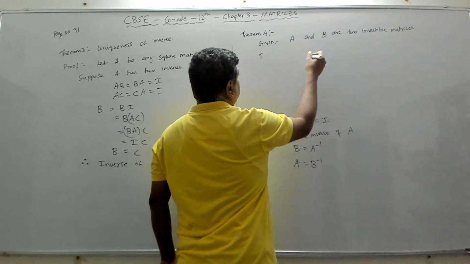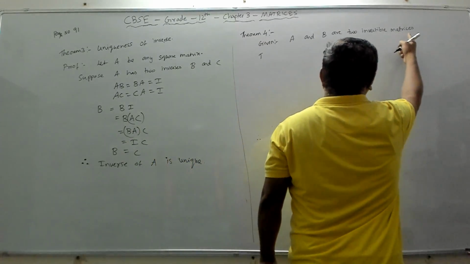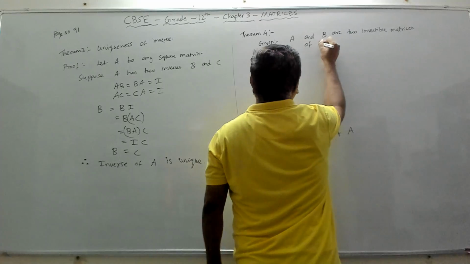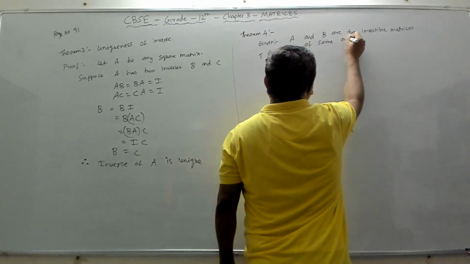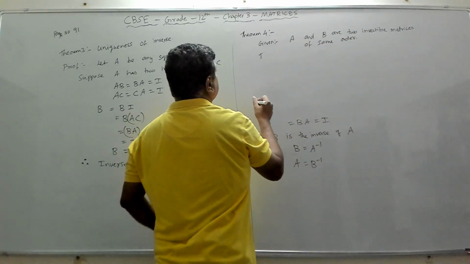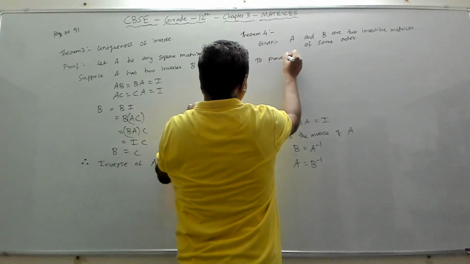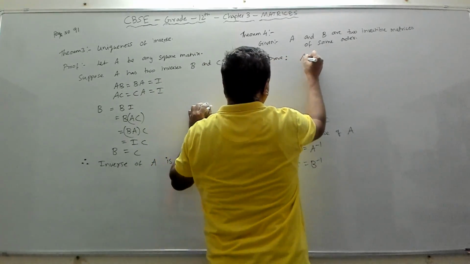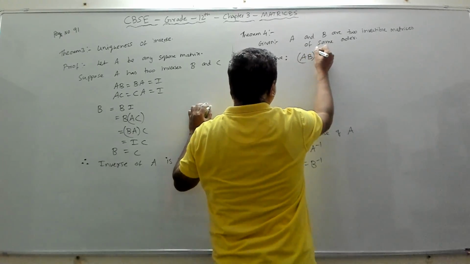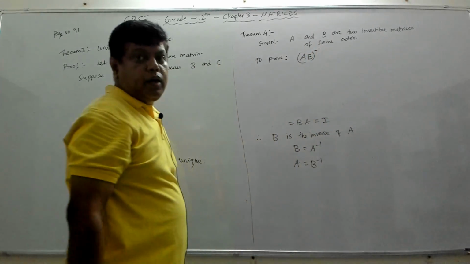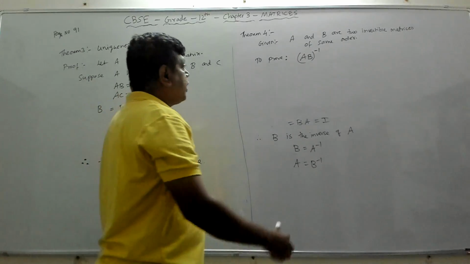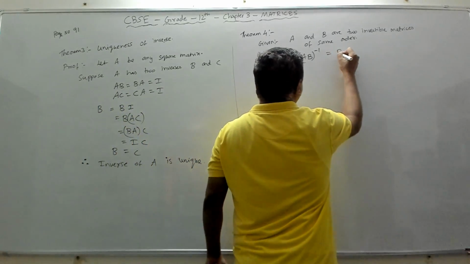What we should prove, when we have two invertible matrices of the same order, is that if you find the product AB, and then find the whole inverse of AB, that will be equal to B inverse A inverse.